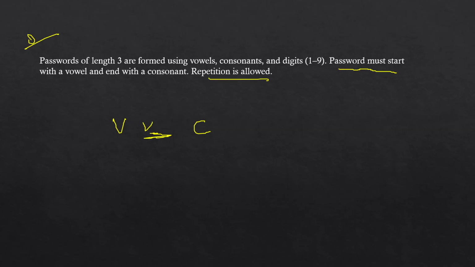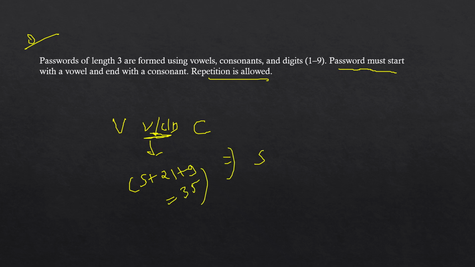So here it may be vowel, consonant and digit. So it can be 5, 21 and 9, so there are 35 ways. So now total is 5 into 35 into 21. So you will get 3675.